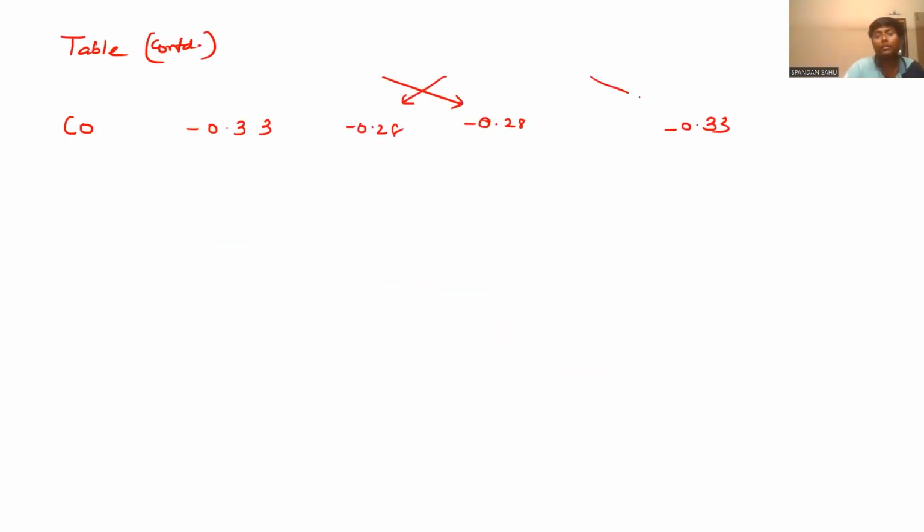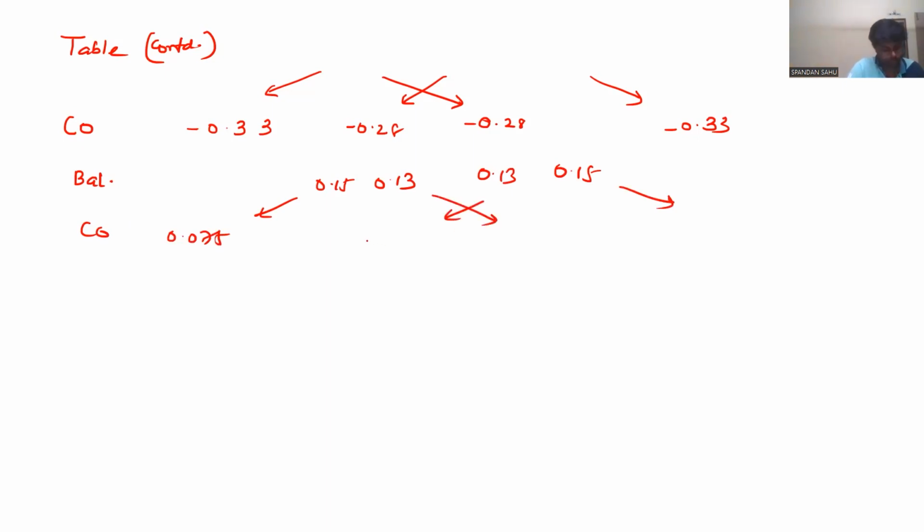Then again do balancing. Minus 0.28 will be 0.15 and 0.13, 0.13 and 0.15. Then carry over 0.075, 0.065, 0.065, 0.075, then balance it.